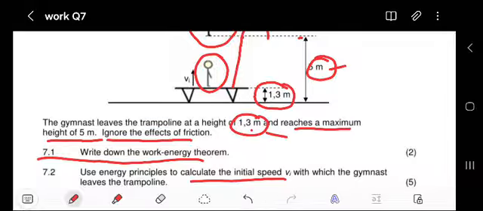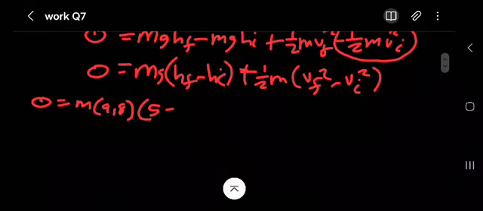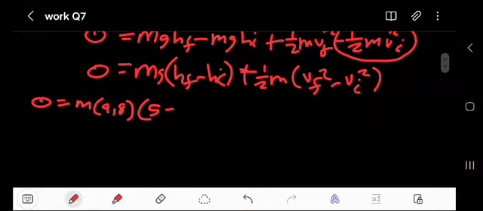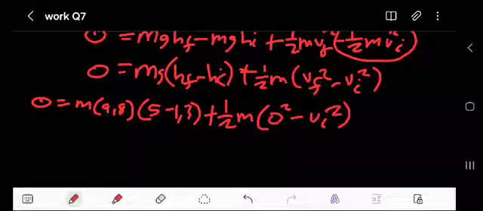It says reaches the maximum height of 5, which is the final. This is the initial, it's 1.3. Then it will be 1.3 minus 1.3, then plus 1 over 2, we don't know the mass. Final velocity, it's at the maximum, which will be equal to 0 squared minus the initial, which is the one that we are looking for, we don't know that.